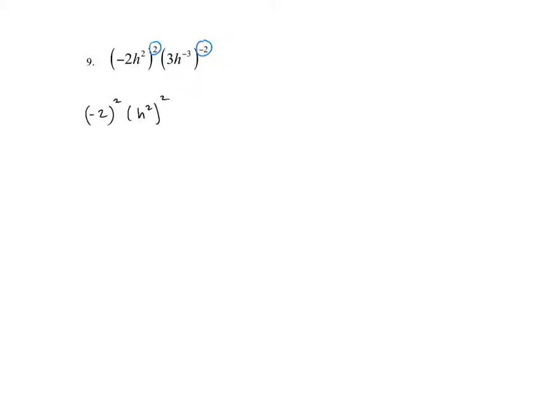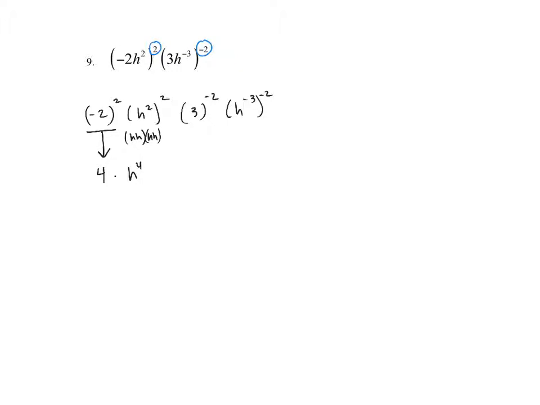So I have 3 to the negative 2 power, and I have h to the negative 3 to the negative 2 power.